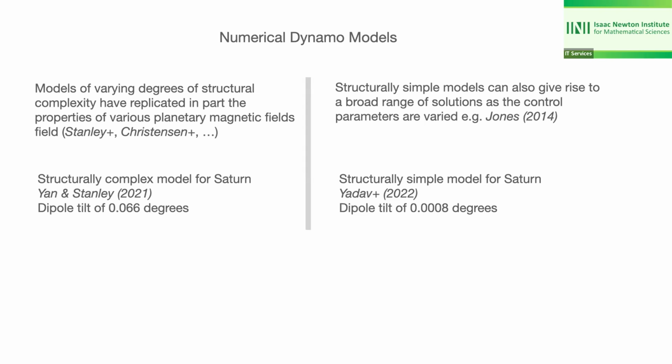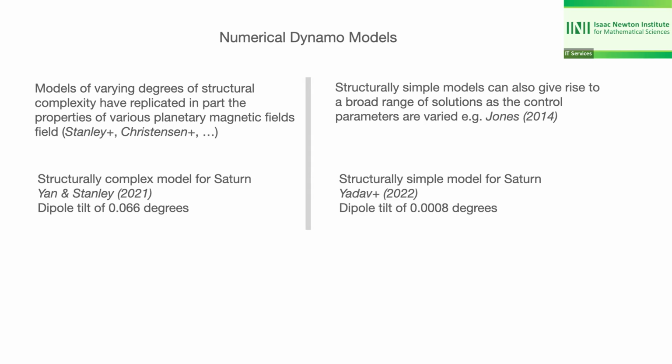But on the other hand, in other work, Rakesh Yadav has found, with a simple model without the complexity of stably stratified layers, dipole tilts as low as 0.0008 degrees in a dynamo model.